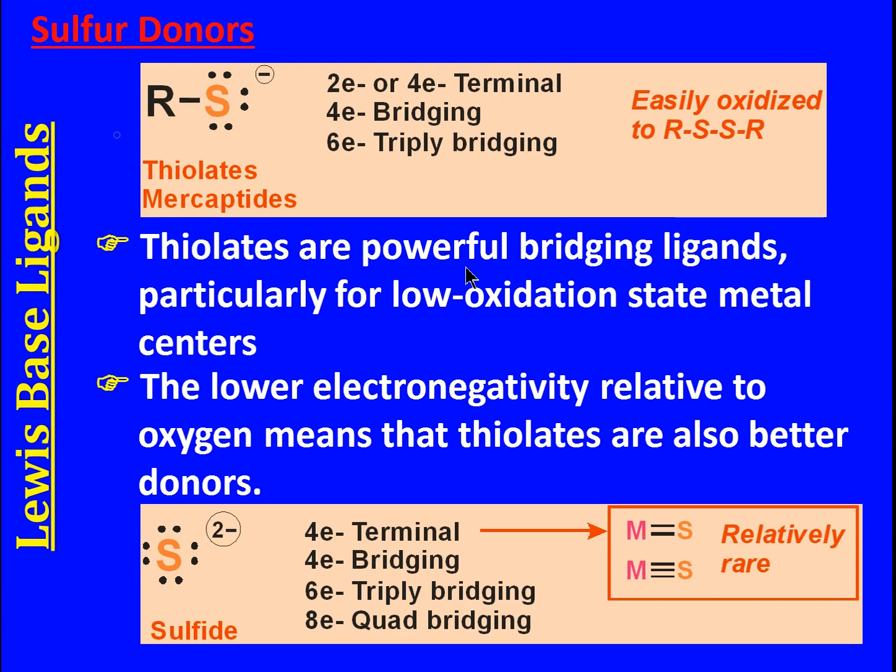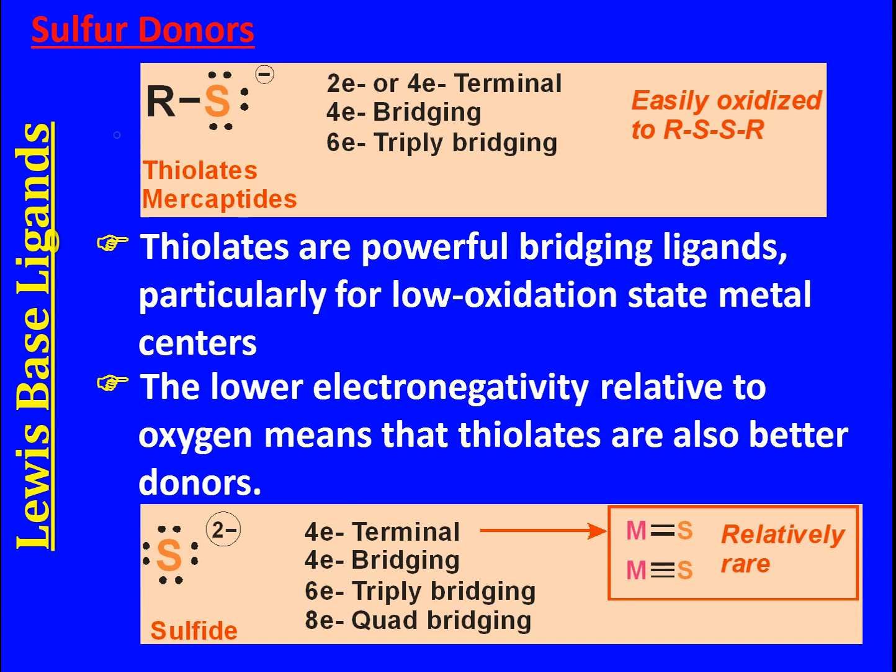As we said, thiolates are powerful bridging ligands, especially for low oxidation state metal centers. And according to their lower electronegativity relative to oxygen, thiolates or mercaptides are considered good sigma donors.